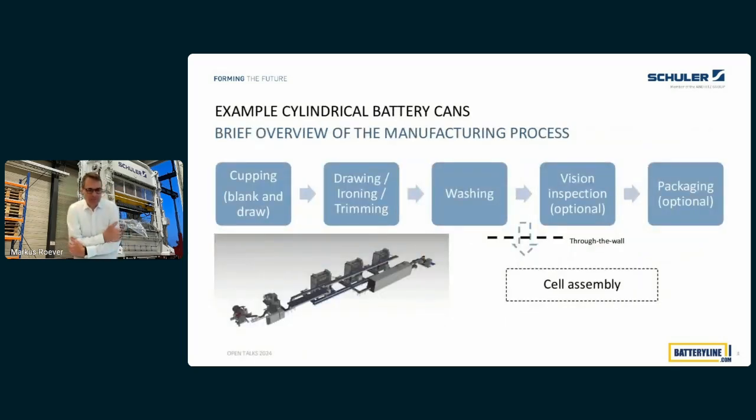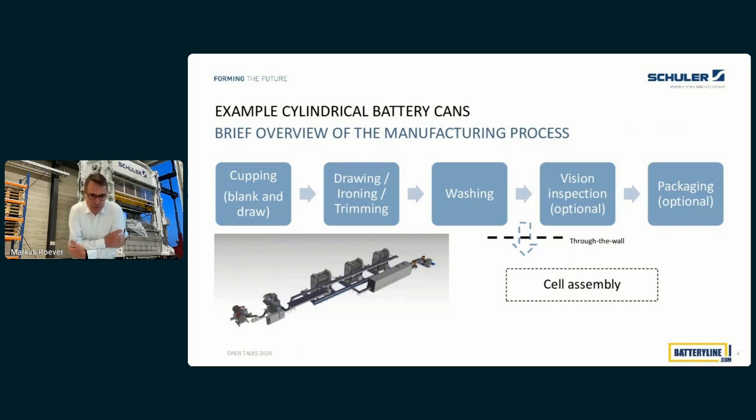This is one example for production steps. I will here take care of the cylindrical battery cans. In prismatic cans it looks a little bit different, but not so much different at the end.